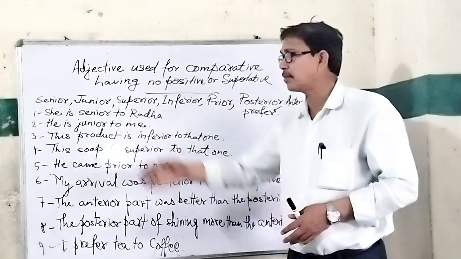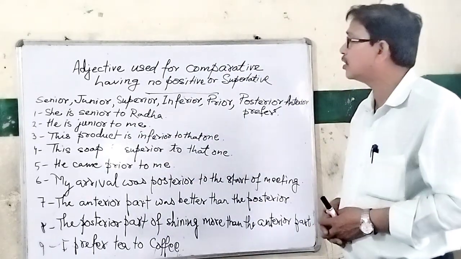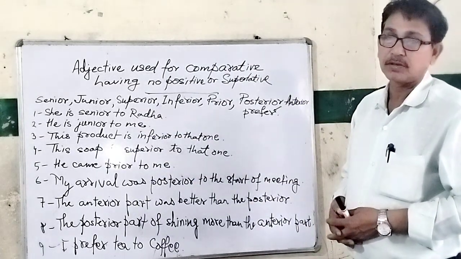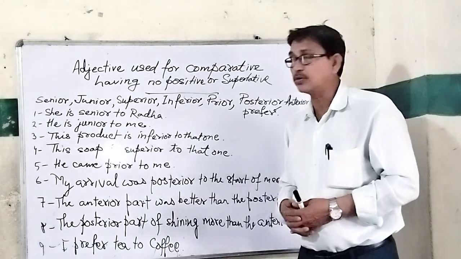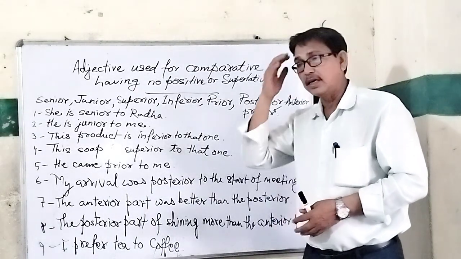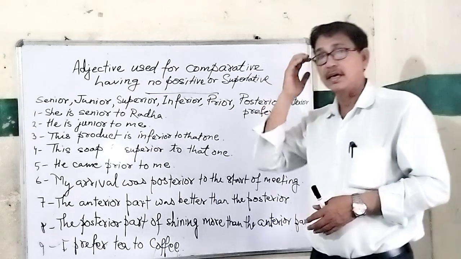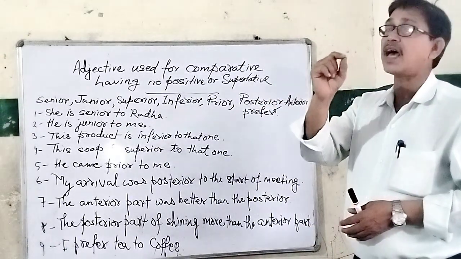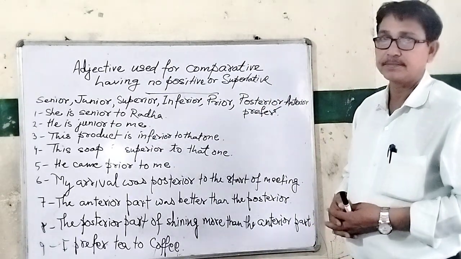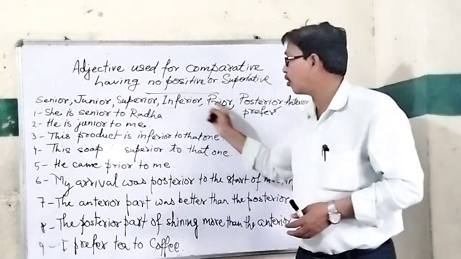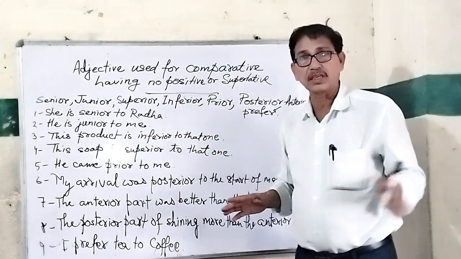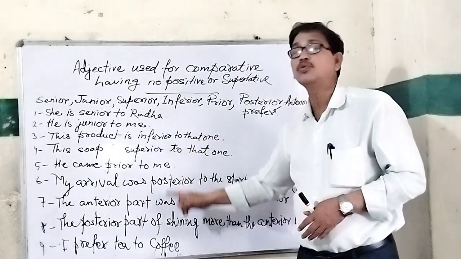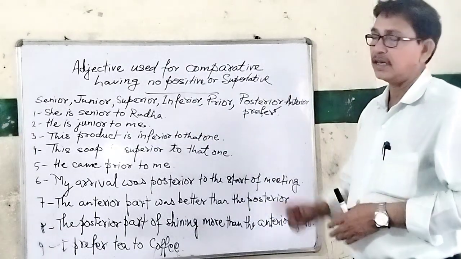In the first example, you can see that she is senior to Radha. So she is senior to Radha. One more thing you have to be careful about: in other comparative degrees we use the preposition than. But here, with all these kinds of comparative degree which have no positive and superlative, only to is used, not than.